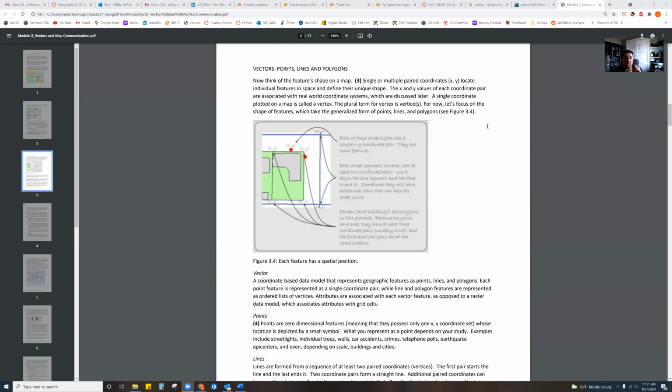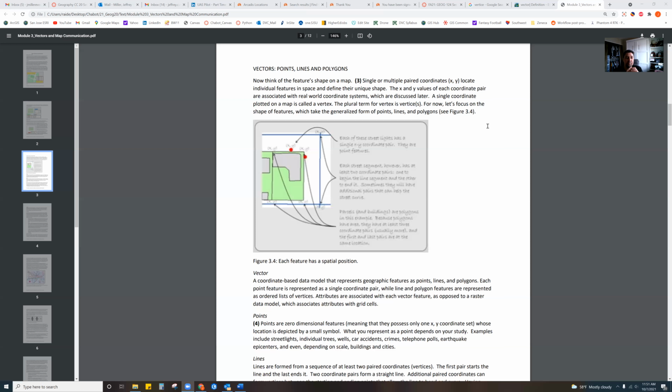And say you had a street sign in San Francisco that you were trying to represent. Well, the coordinate values, the latitude and longitude of that street sign would then be plotted on a map, in this case with a single dot as the example.